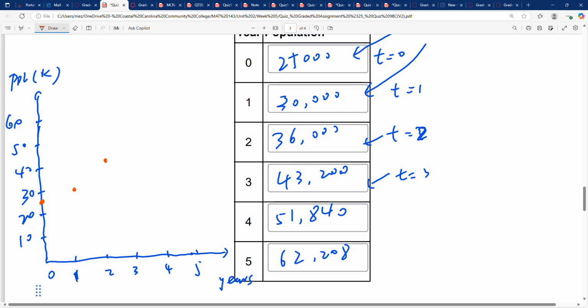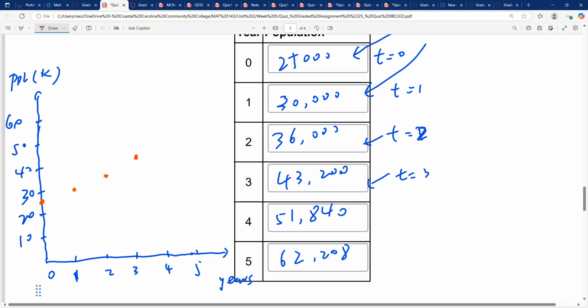And wait, what's wrong? Oh, I didn't put the year 2. Year 2 should be 36,000, around here.